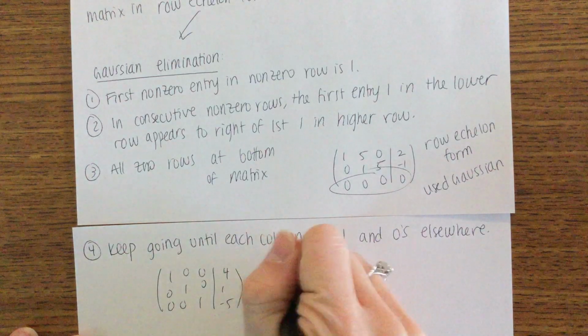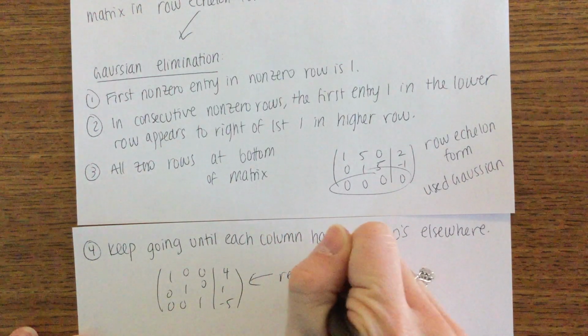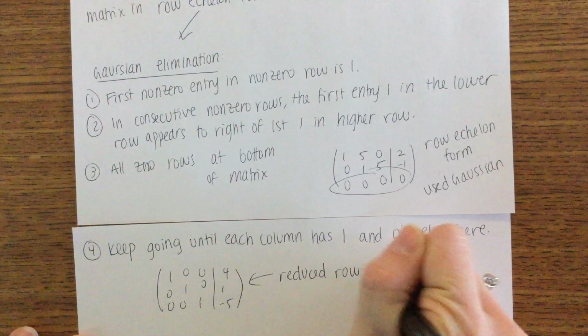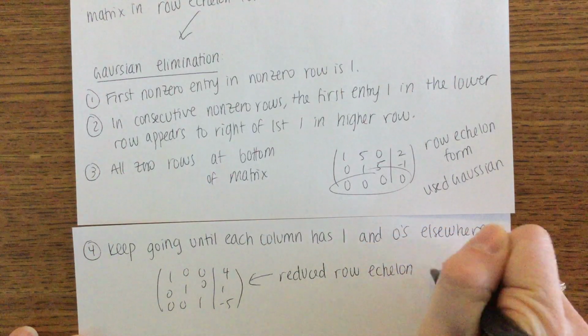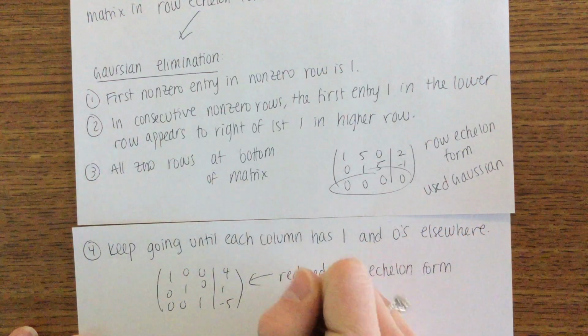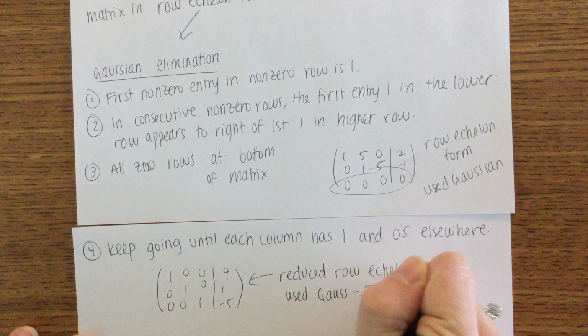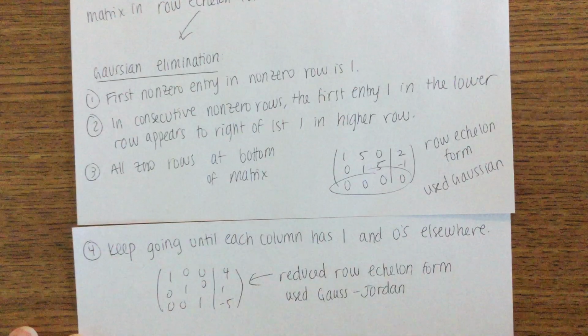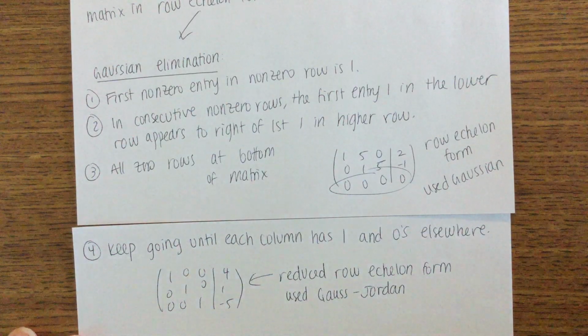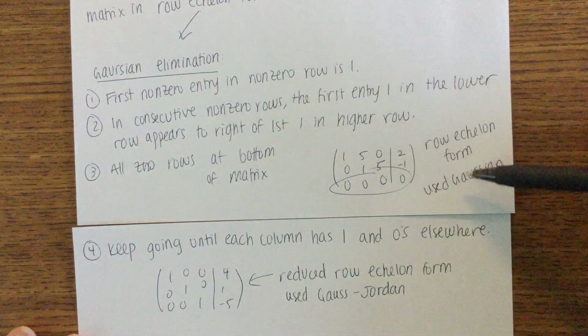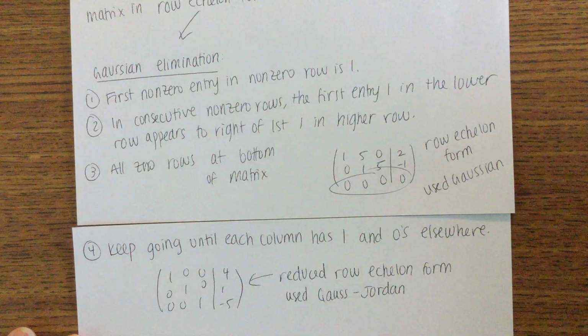This you've seen before. This is the reduced row echelon form. To get here, you would have used Gauss-Jordan. So basically, to get here, you do Gaussian elimination, and then you have a few extra steps.